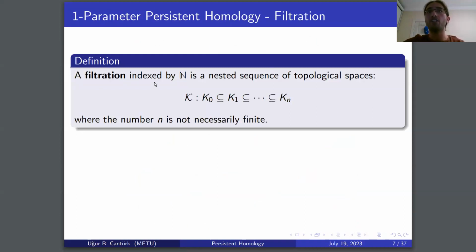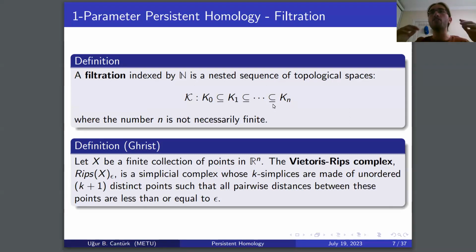We say a filtration indexed by natural numbers is a nested sequence of topological spaces. As you can see, we start from K_0 and we have inclusions up to K_n. Here, n is not necessarily finite. To see a better example, we consider Vietoris-Rips complexes, which are simplicial complexes depending on a parameter epsilon as well.